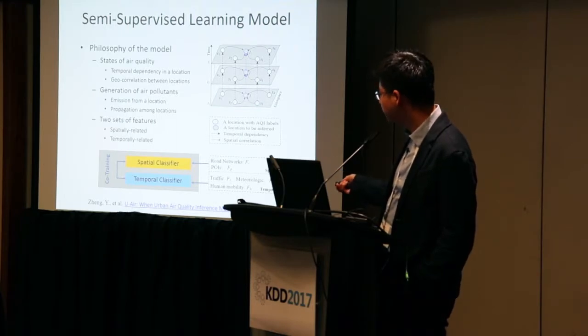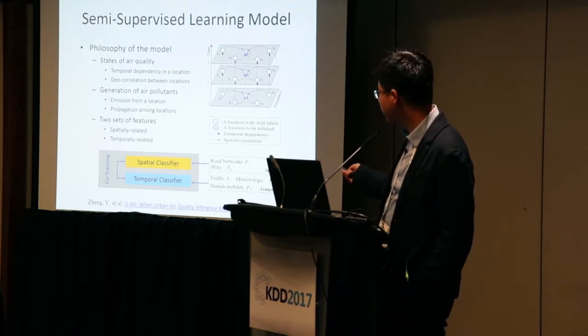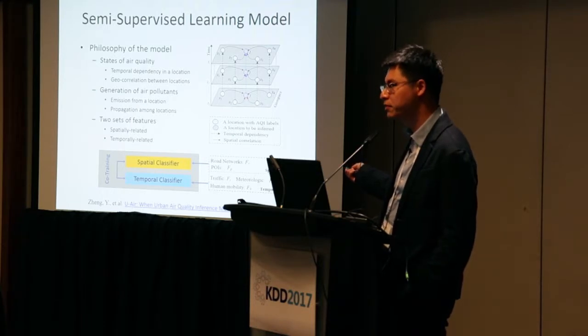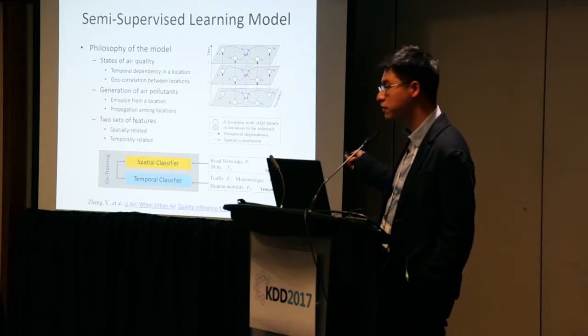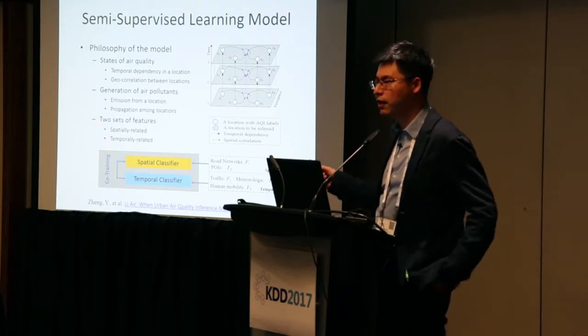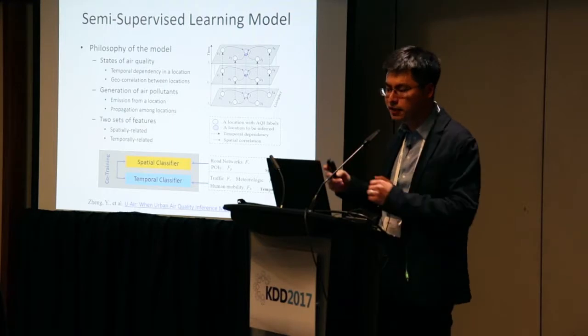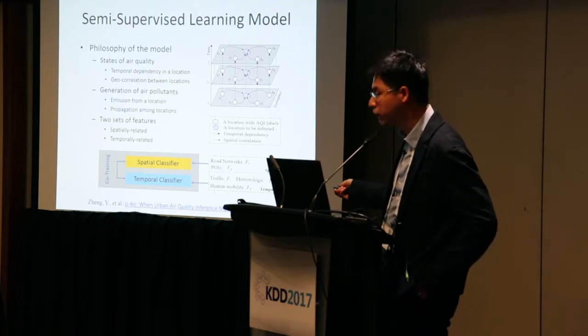One is a spatial classifier, taking into account the geographic data of different locations to model the spatial correlation of air quality between different locations. And the temporal classifier, taking into account the traffic information and meteorological data to model the temporal dependency of air quality in this location. Then the 2 classifiers have a mutually reinforcing learning process in a co-training framework.